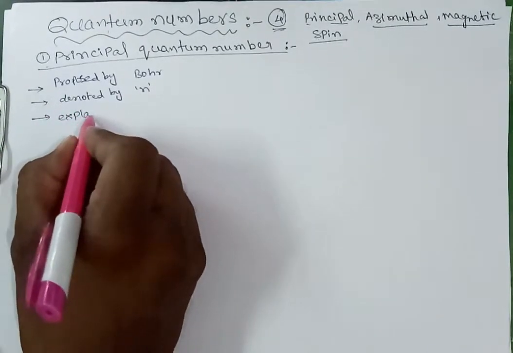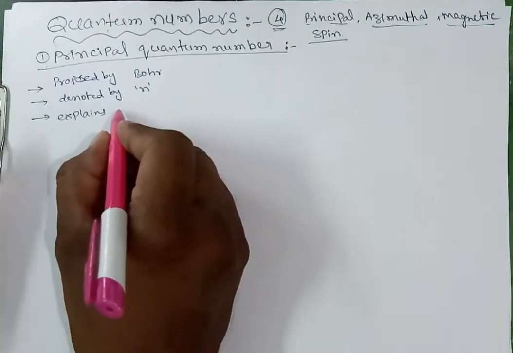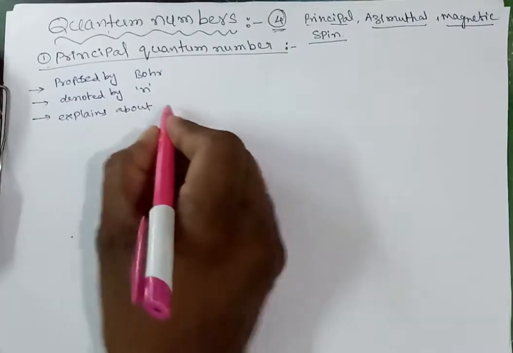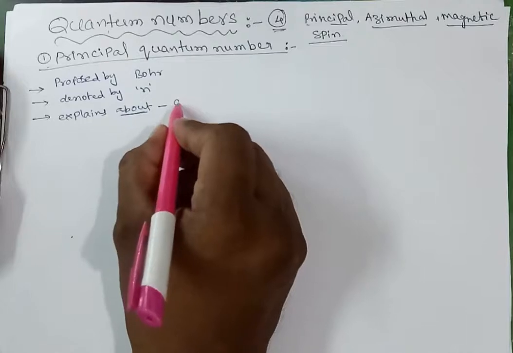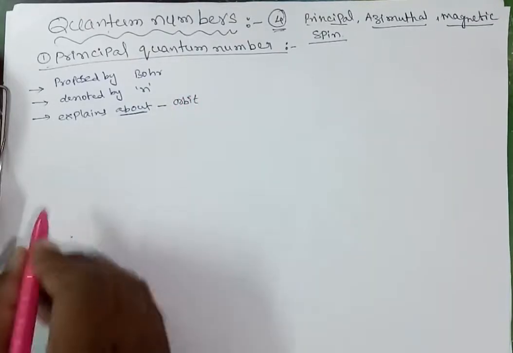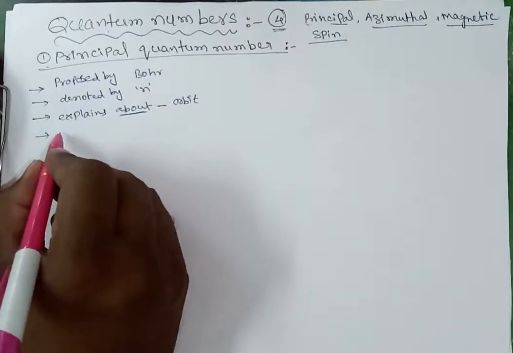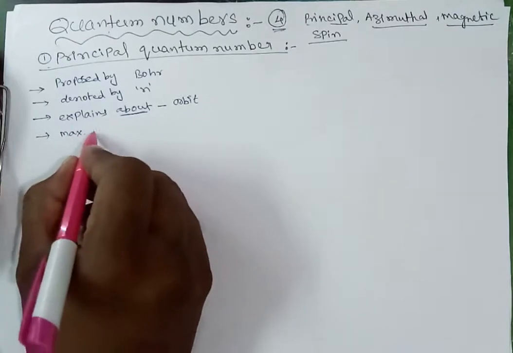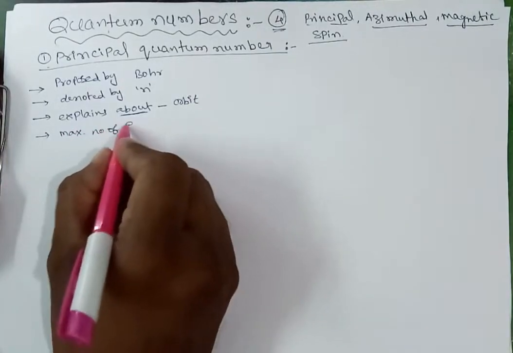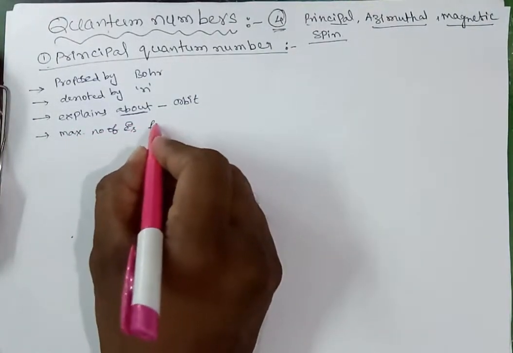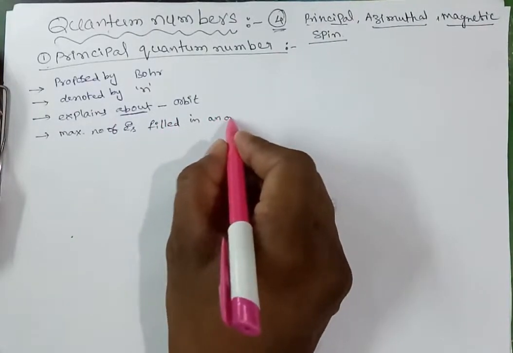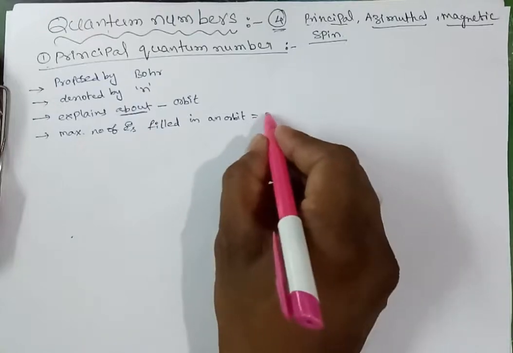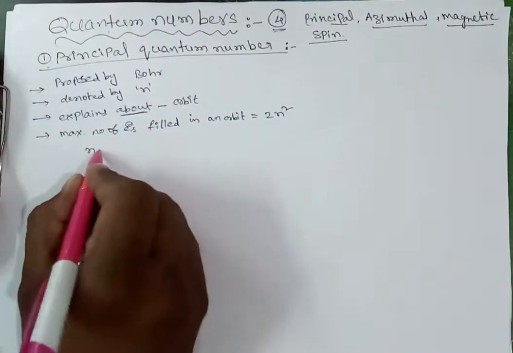It gives information about the orbit. The maximum number of electrons accommodated in an orbit is equal to 2n square, where n equals the orbit number.